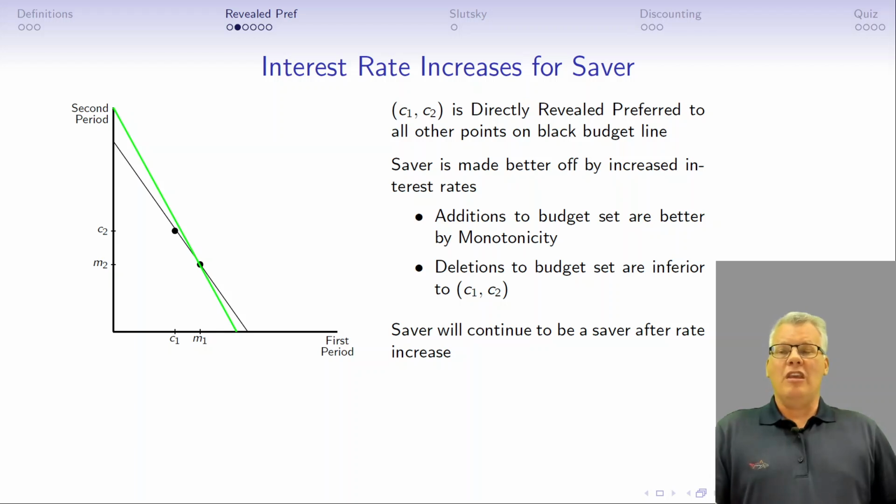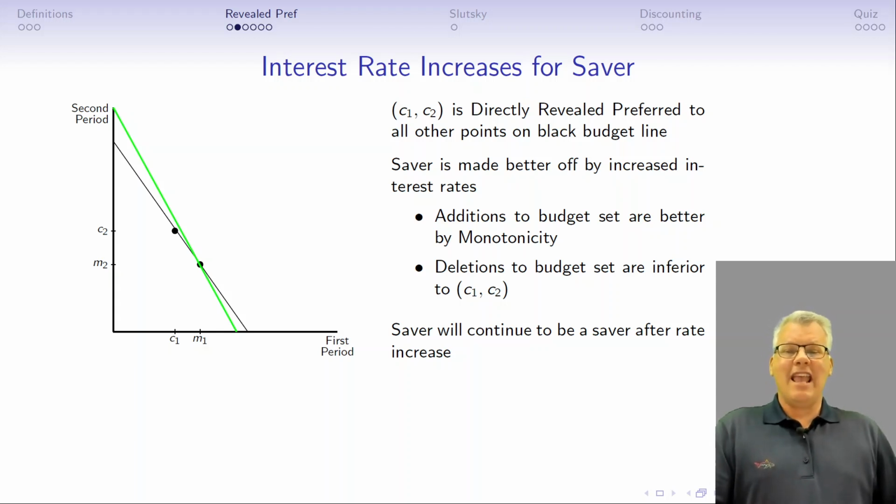And remember, the more informal language to describe that was that C1, C2 was the best bundle that the consumer could afford, right? So if preferences, which we don't know, were presumed to be strictly convex, that means that the indifference curve would be tangent to the black budget line at C1, C2. That would imply that C1, C2 was the best possible bundle this consumer could afford. Any other point is worse.